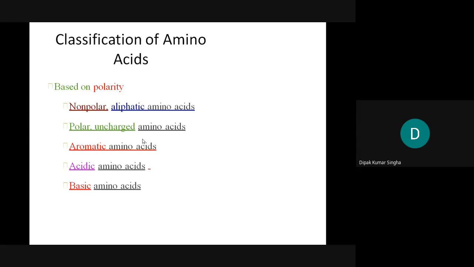And the polar uncharged amino acids are polar but uncharged. Water is the polar solvent, but these are uncharged.